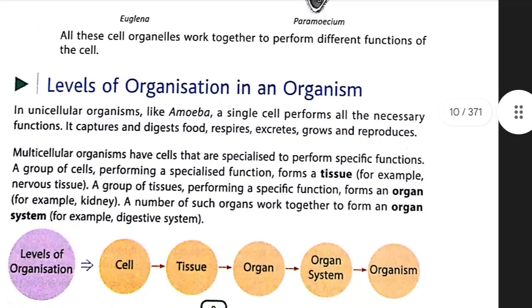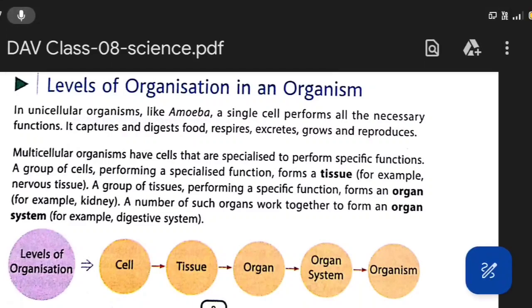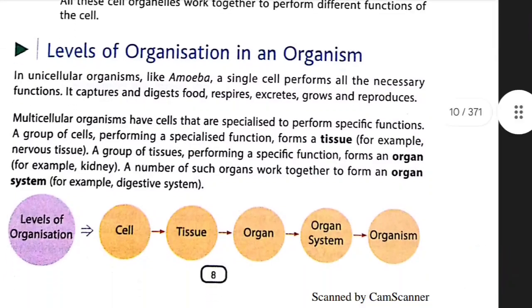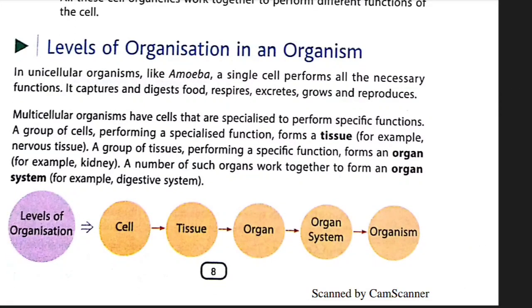Next, levels of organization in an organism. Okay. So first, we have learned that cell is the smallest part of the body of an organism.